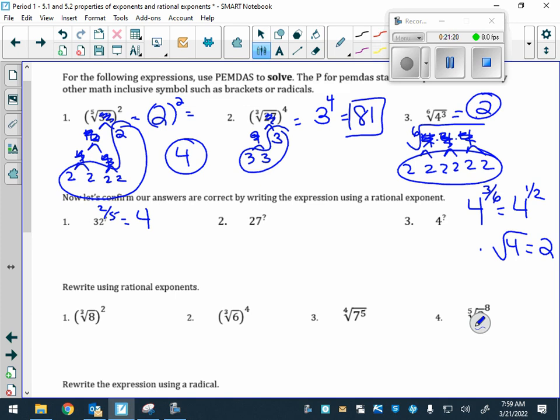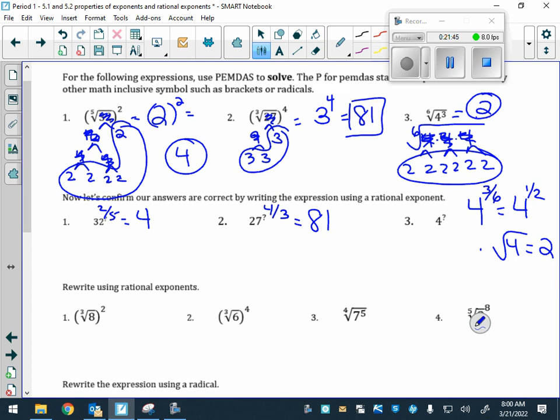Okay, hold on 1 second. To the 4/3, which equaled 81. Now you can write number 3 a bunch of different ways, right? 4 to what power? We actually did this already. 3/6, which reduces to 1/2, which equaled 2.